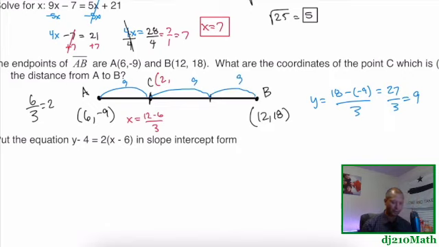Because from A to B is 27, and when we split that into thirds, we get 9. So from A to C is 9 places. So if A is at negative 9 and we move 9 spots, we're going to end up at 0. So the point for C, which is 1/3 of the way in between these 2 points, the coordinates would be 2, 0. Two comma 0.